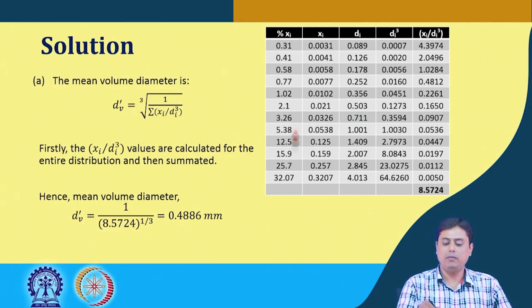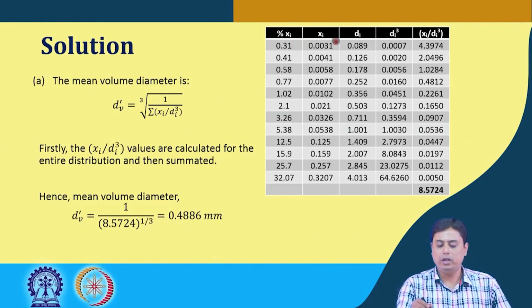This is the x column, the percentage mass that is directly written here. Since it is a percentage value, we divide it by 100 to get each mass fraction. Quite obviously, the summation of this whole column will give you the value of 1.